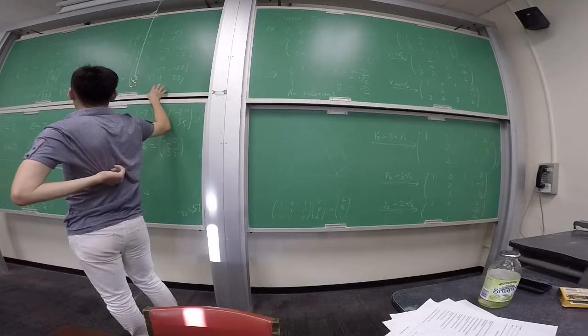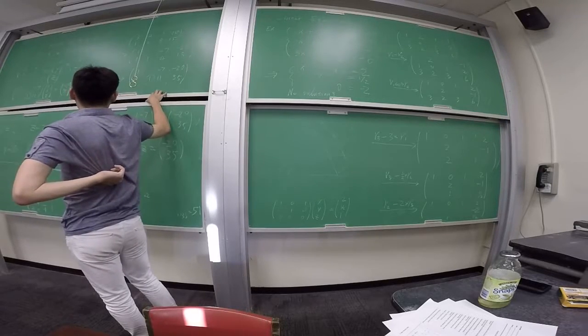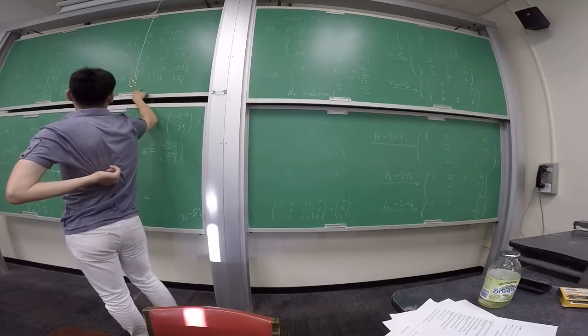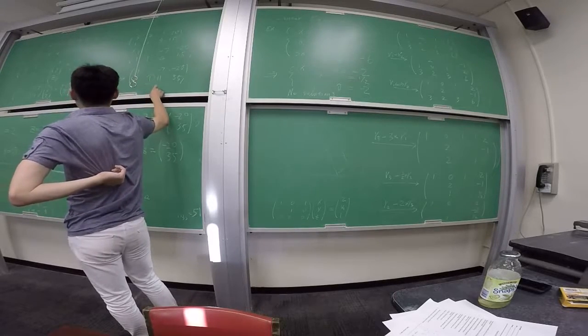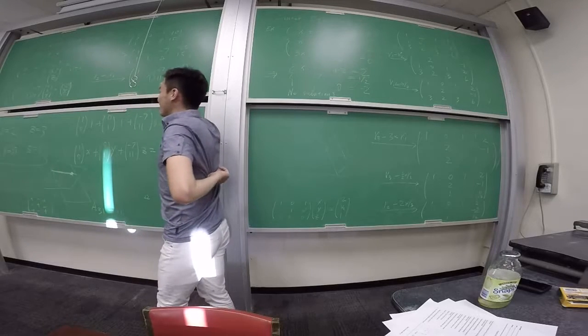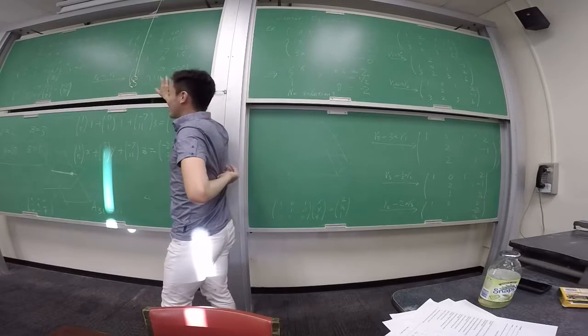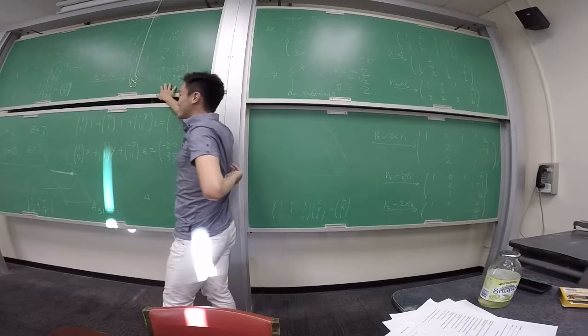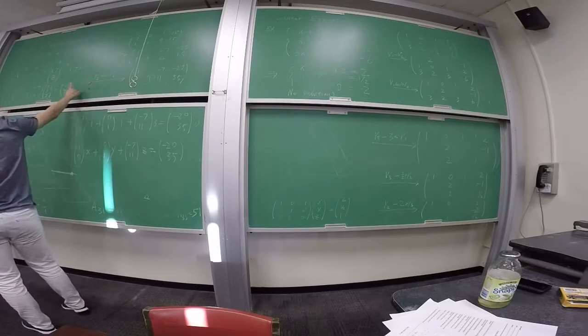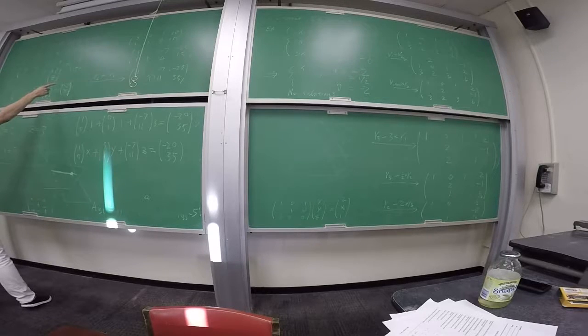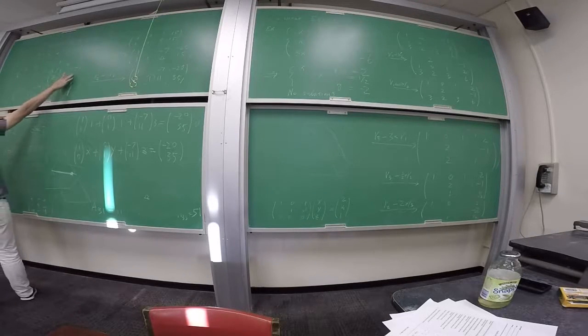And you observe a linear relation: the first column times -20 plus the second column times 35 is equal to the last column. Because row transformations do not change the linear relations among columns, this is also true for the original matrix. So it is the same as saying the first column times -20 plus the second column times 35 is equal to this one.